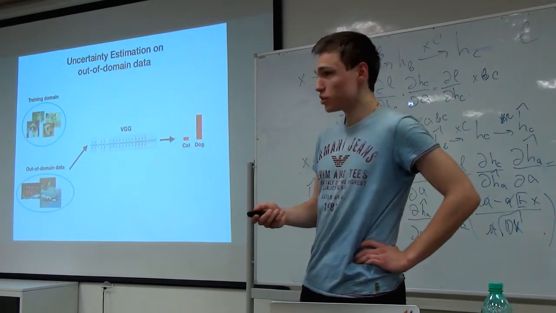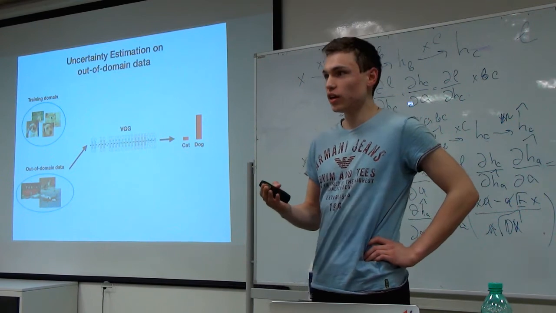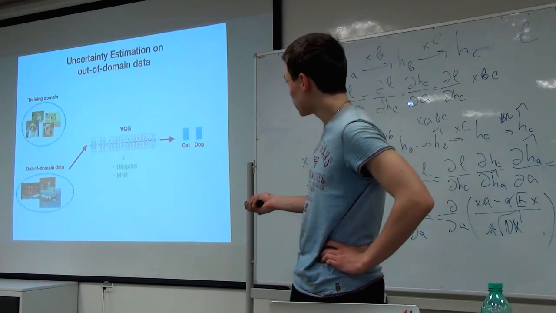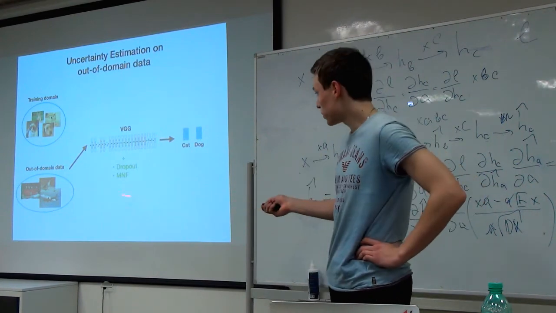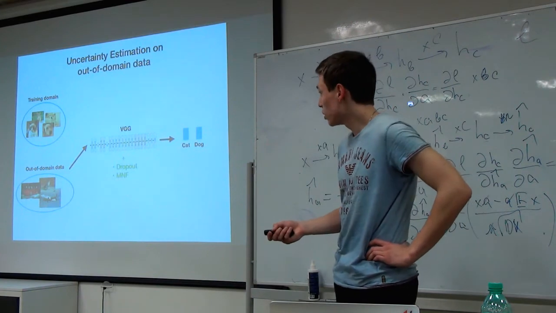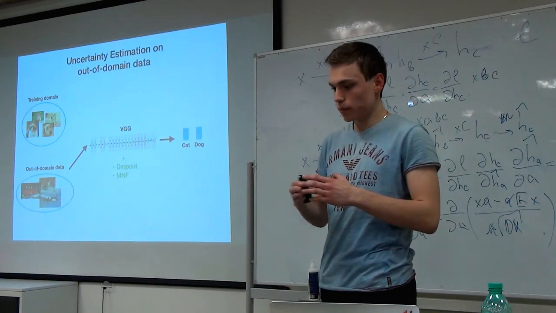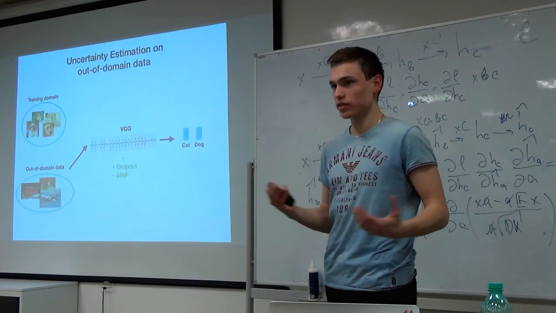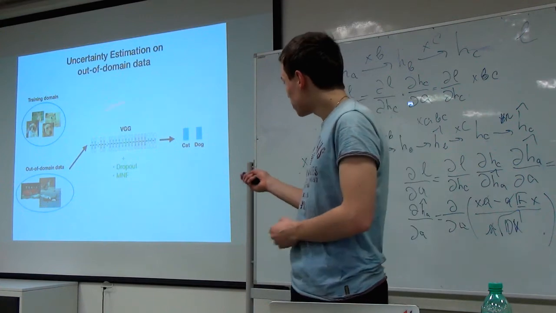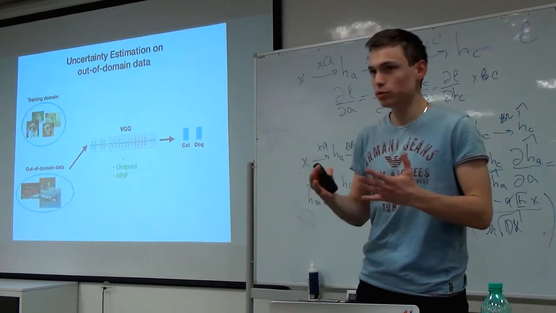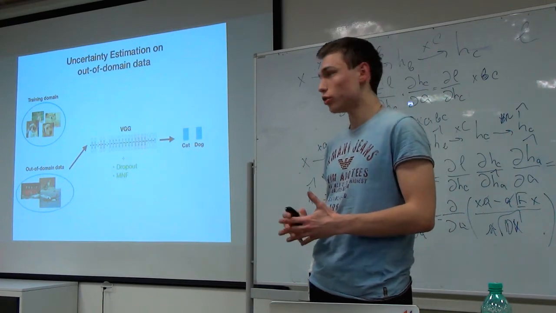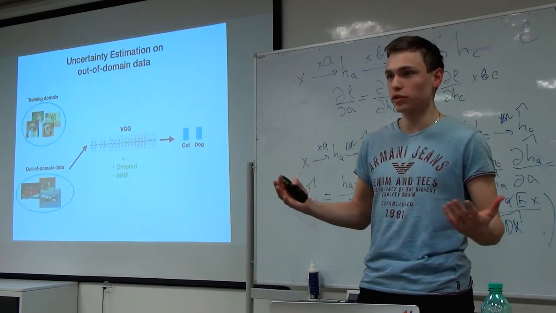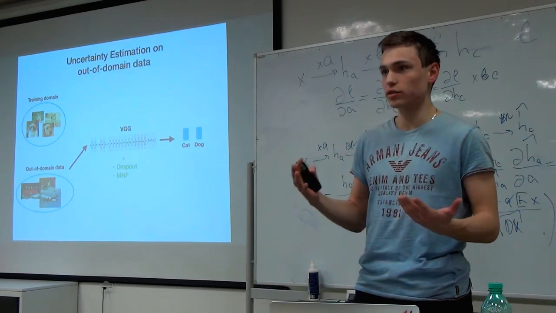One option is to use some stochasticity inside the neural network. For example, we can use dropout or multiplicative normalizing flows, which actually form an ensemble of models with shared parameters. And it actually addresses this problem, and the predicted distribution on out-of-domain data looks uniform, with high entropy.